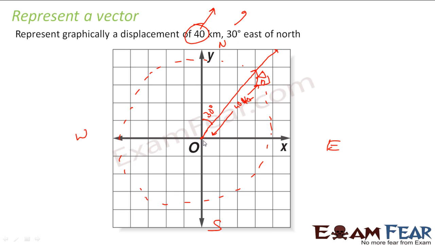For example, when you say from here my house is 30 km, your house could be any of these houses on these red lines. When you say my house is 30 degrees east of north, your house can be any house on this line. There can be n number of houses. But to locate your house, you need both magnitude and direction. That's what it's all about with vectors.